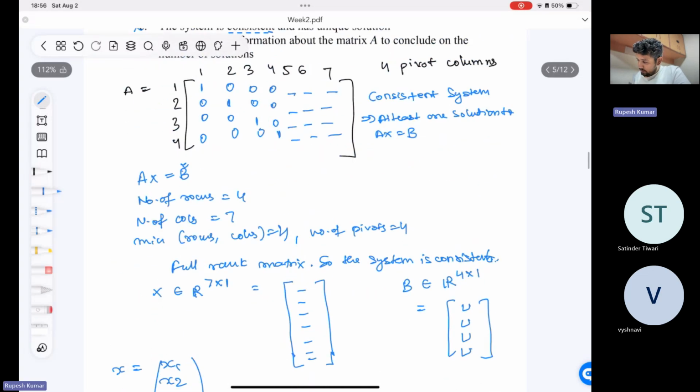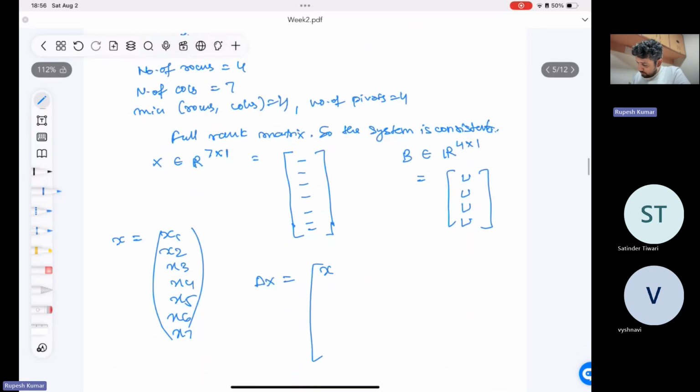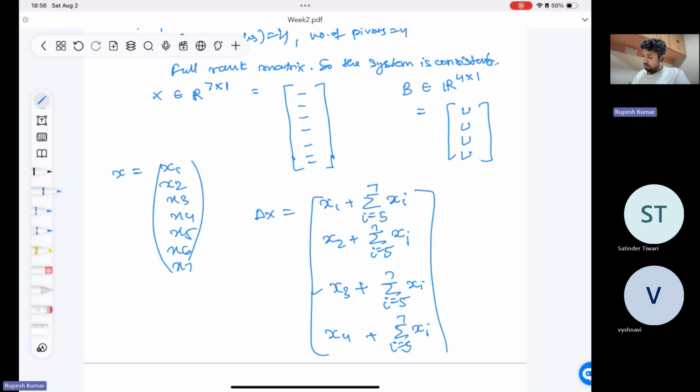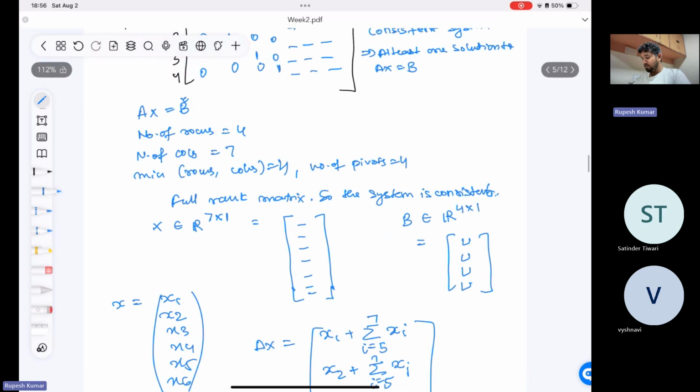We can always say Ax looks like x1 plus some summation of xi, i goes from 5 to 7, right? x2 plus summation i from 5 to 7 of xi, again x3 plus summation i equals 5 to 7 of xi, and x4 plus summation i equals 5 to 7 of xi, right? This is how our system would look like, right?